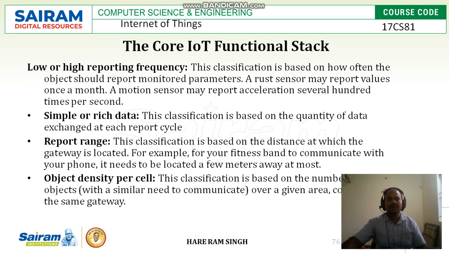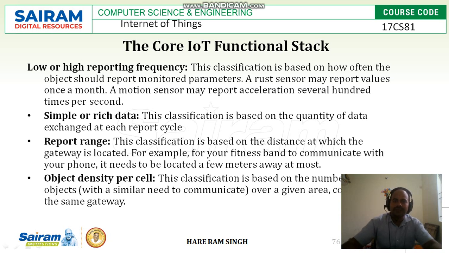Next one is low power or high reporting frequency. Some things are connected with the internet, and they need to report frequently. They need to be analyzed frequently. Some objects need to be analyzed very fast, and some objects can be analyzed after a long period of time.